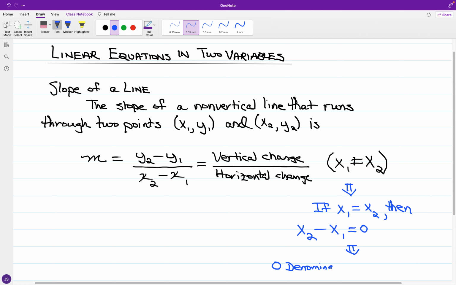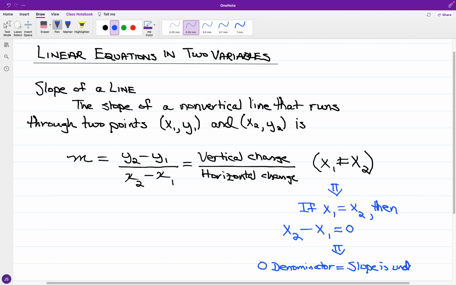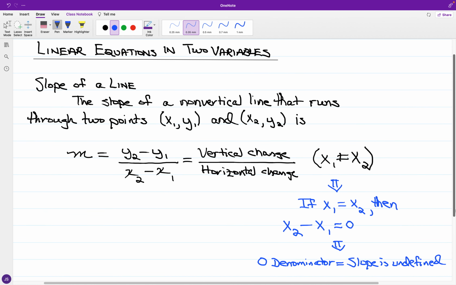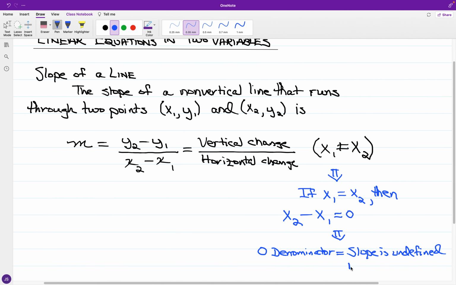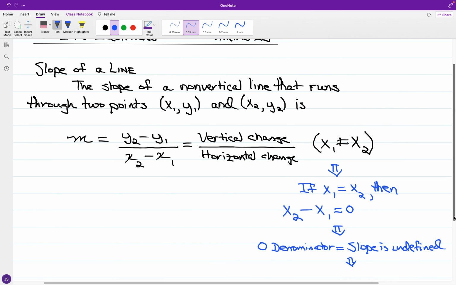So you have a 0 denominator. And you have that the slope is undefined. And if the slope is undefined, this is going to mean that the line is vertical.